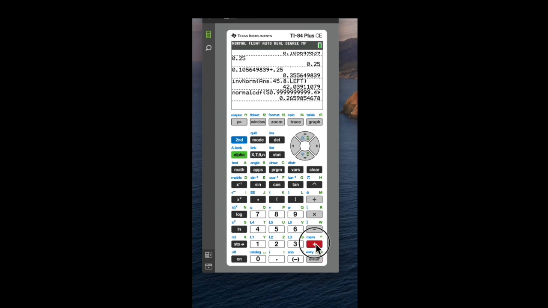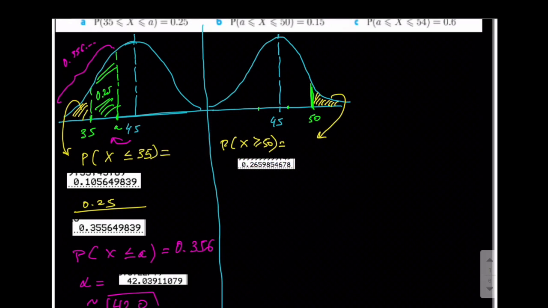I'm going to add to this number 0.15, and you will see why.